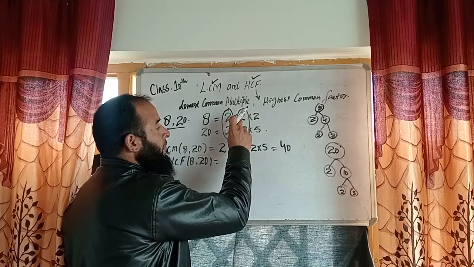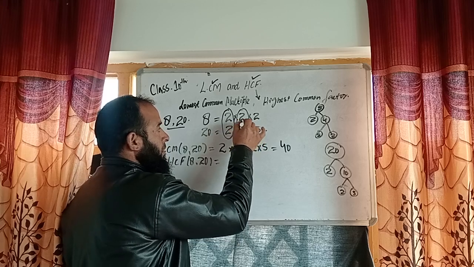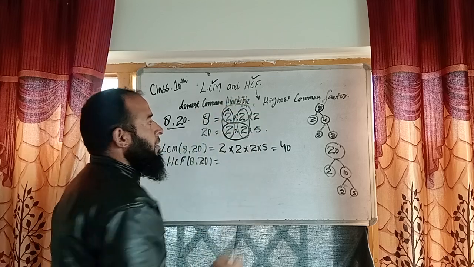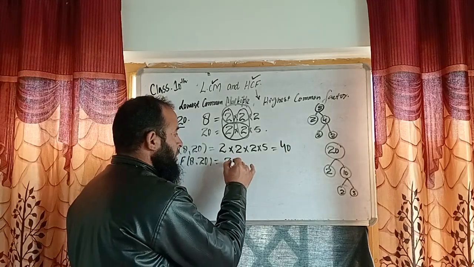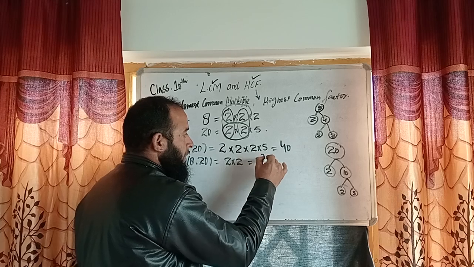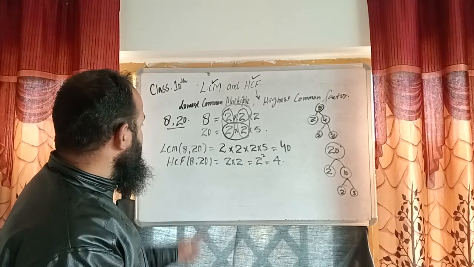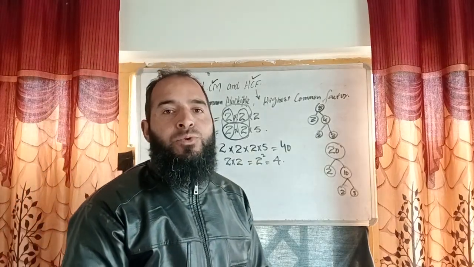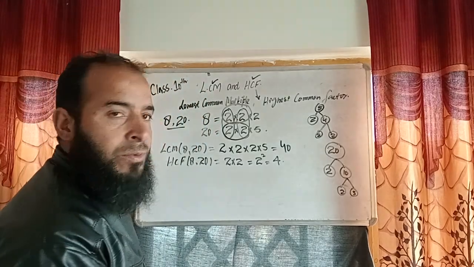So we will take these. In these two, the highest common factor is 2 cross 2, which is 2 square, and that is 4. This is the HCF of 8 and 20.